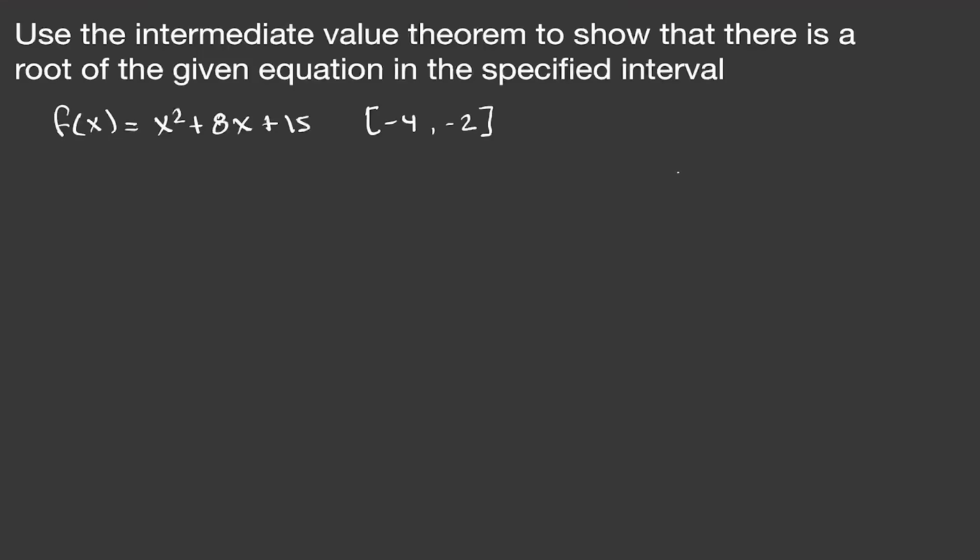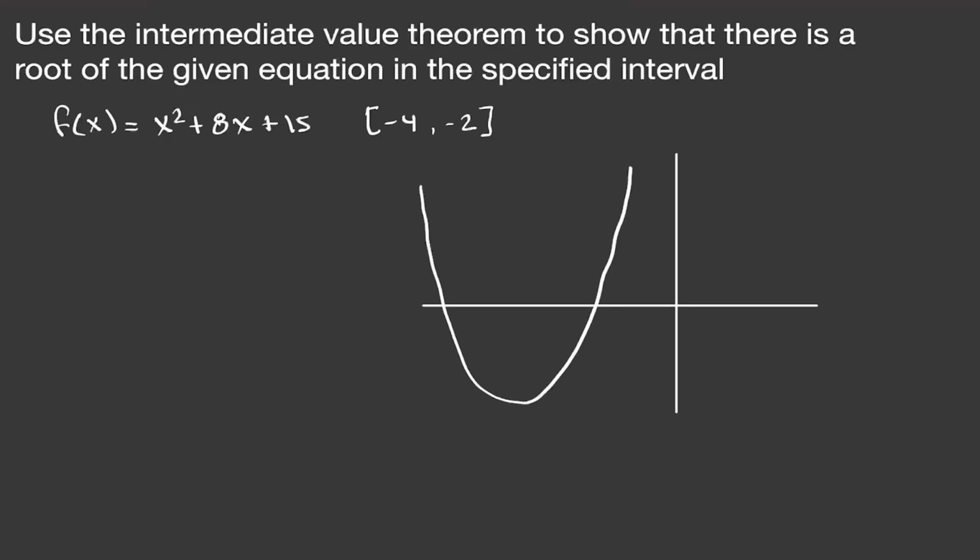So for instance, let's try to sketch something for this function to give us an idea of what's going on. Let's say this is a parabola, which it is because it's raised to the second degree. I'm looking specifically at this interval from -4 to -2.